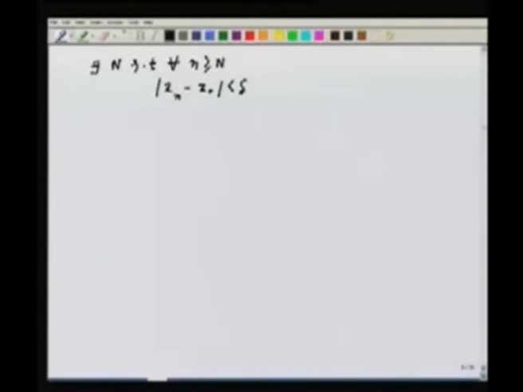Now for the first time actually I am using continuity of the function. This implies modulus of f of xn minus f of x naught is less than epsilon as f is continuous.